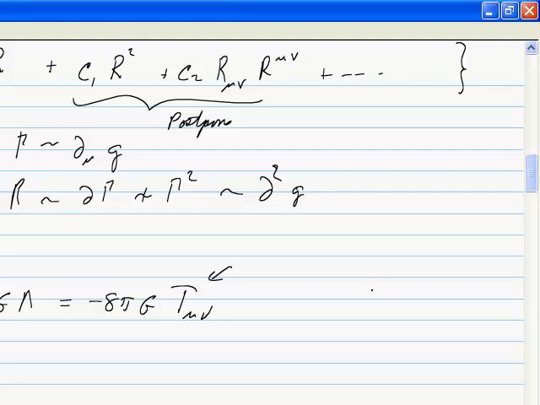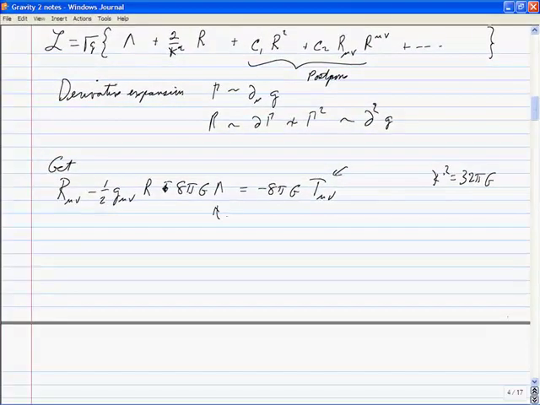I've used implicitly here that kappa squared is defined as 32 pi G, where G is the Newtonian gravitational constant. So this is your cosmological constant.